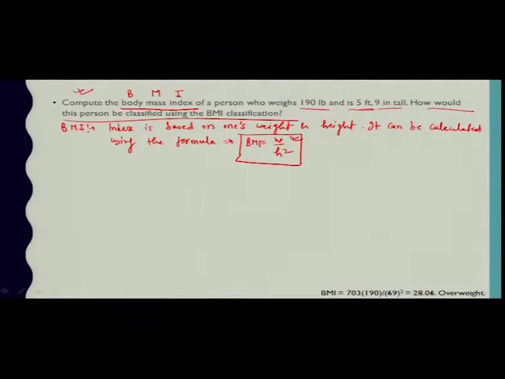If you want to convert it into the unit of pounds and inches, some additional factor will come in, as BMI equals 703 into W upon H square, where W is the body weight in pounds and H is the standing height in inches.